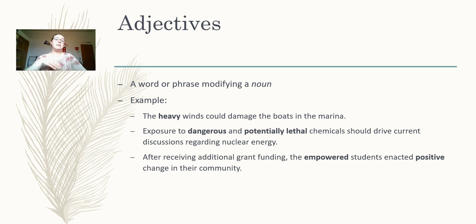Remember that a noun is a person, place, or thing. Now, the subject of your sentence will always be a noun, but not all nouns will be your subject. So that's important to keep in mind, but you can modify any and all nouns that you find appropriate in your sentence. So let's look at some examples.